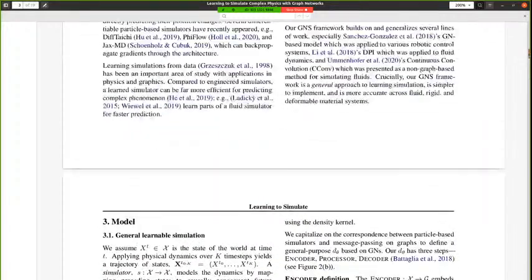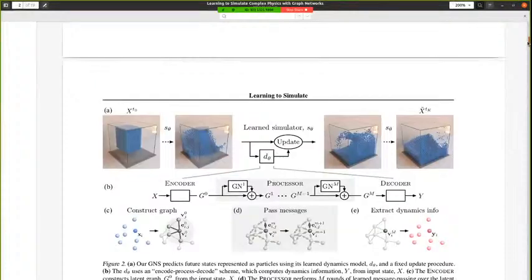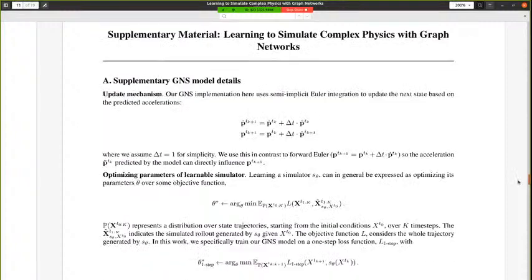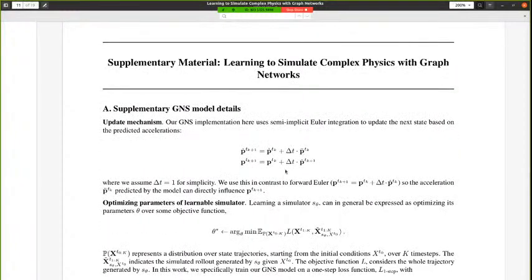Just to quickly recap what type of algorithm we're dealing with: it starts out with a list of all the current positions and velocities of all the particles, and it produces a list of accelerations for all of the particles that are then used in an Euler-like scheme, forward Euler, to update the next state.